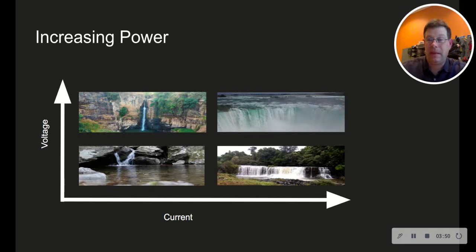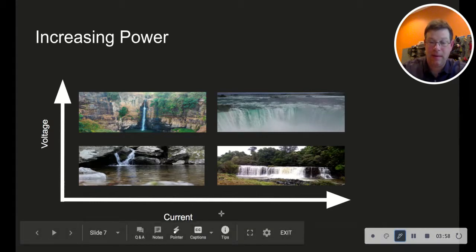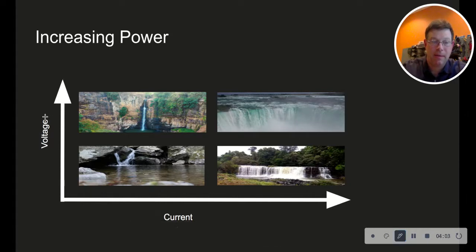We can represent these situations on this graph of voltage versus current. So voltage is on the vertical axis, and current is on the horizontal axis.